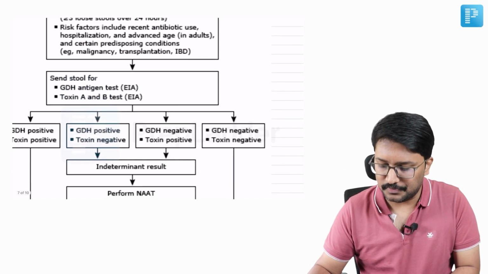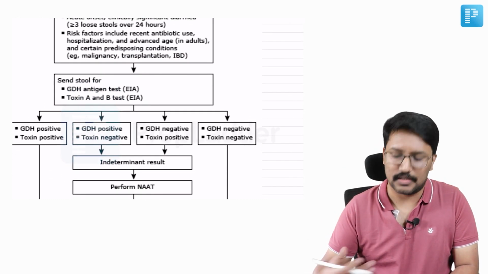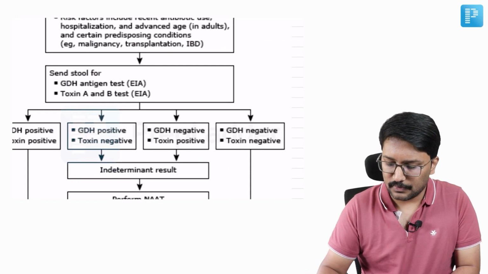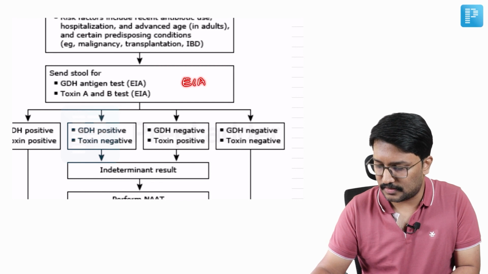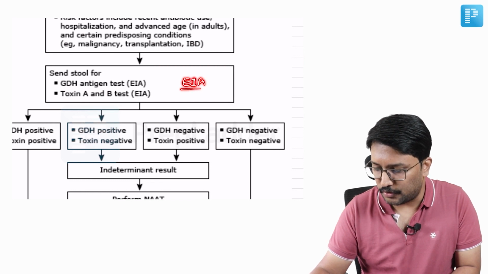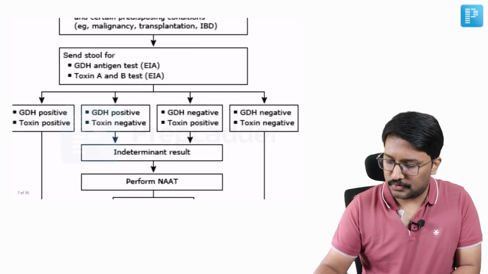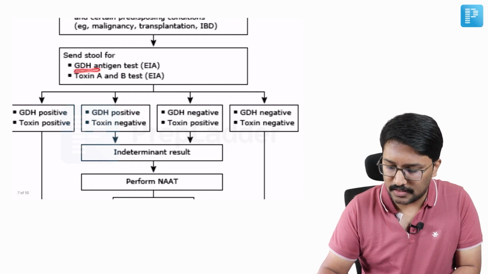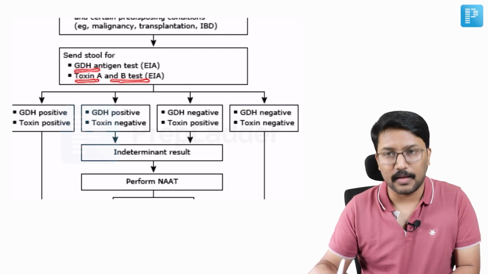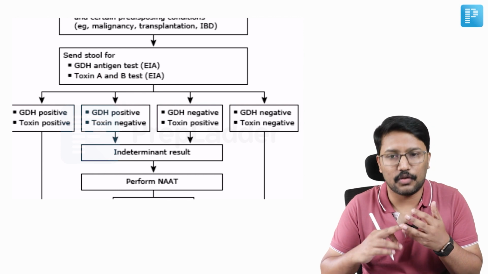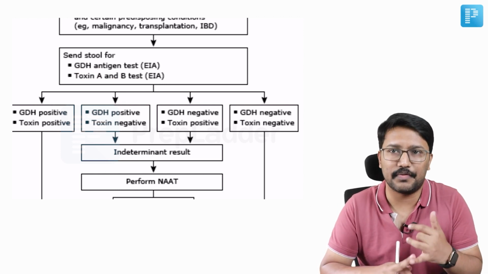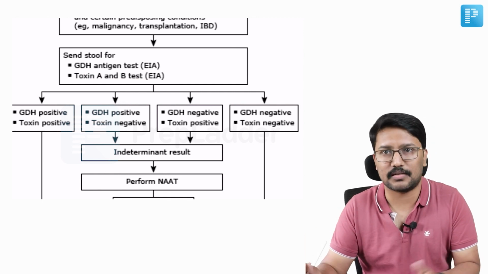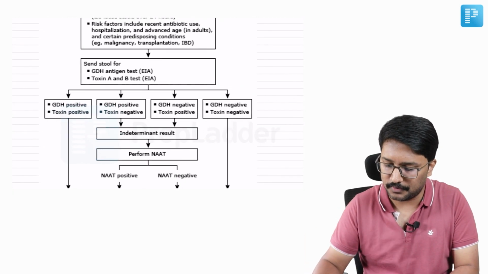For these patients, the most logical initial approach is to test for GDH using the EIA, that is your enzyme immunoassay, and test for toxin A and B. If the GDH is positive and toxin A or B is detected, the diagnosis of Clostridium difficile infection or colitis is well established. You can say it is confirmed, right?